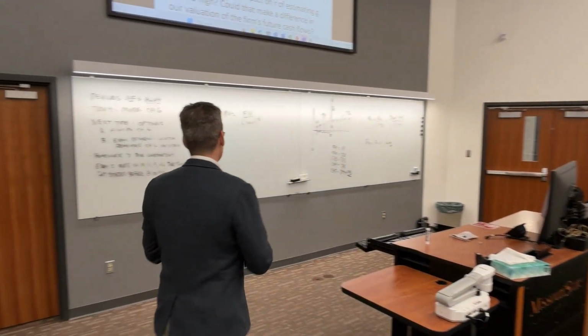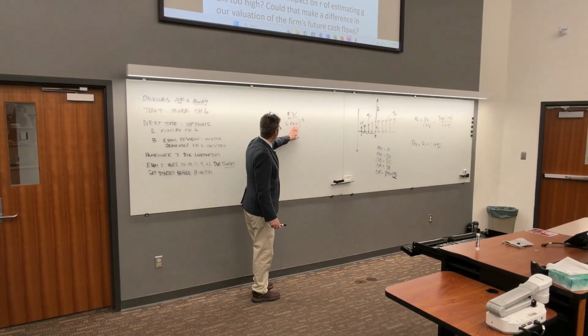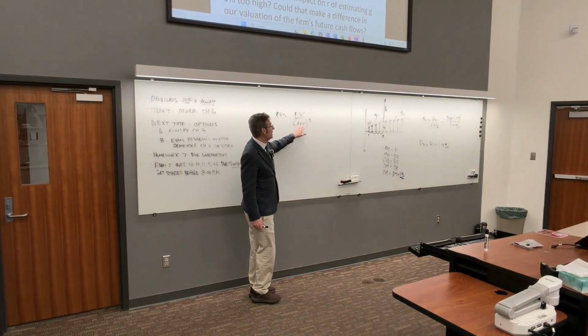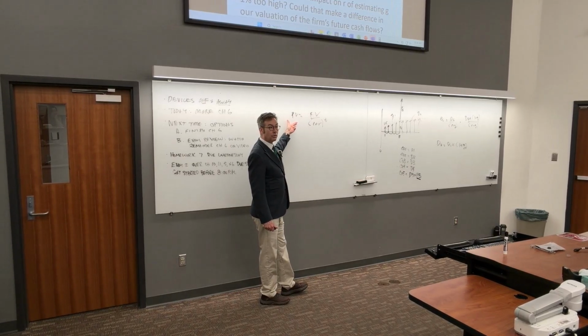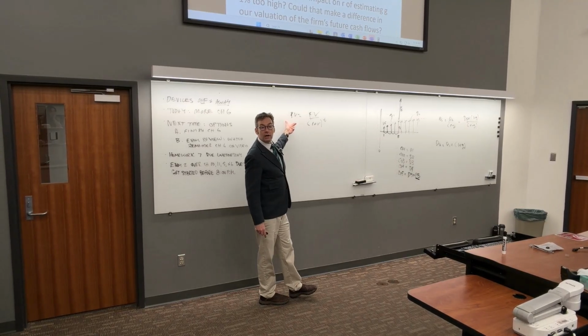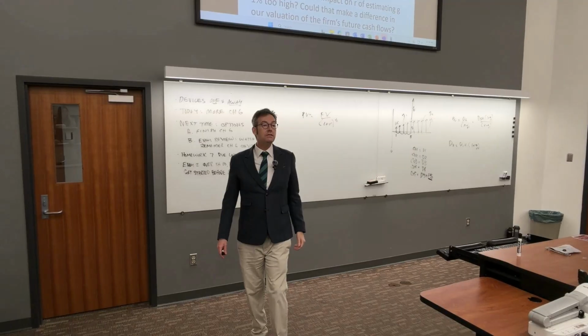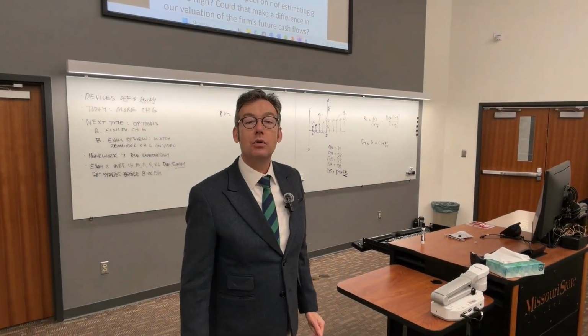And so what happens if I am underestimating my growth rate? I underestimate R. It means I'm overestimating my present value for all the future cash flows. And that means that I'll be overestimating my NPV. The danger is accepting a bad project.